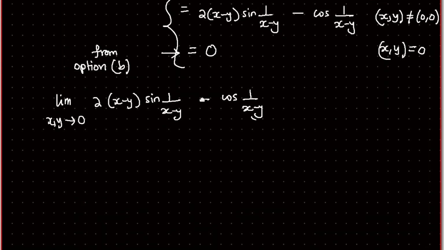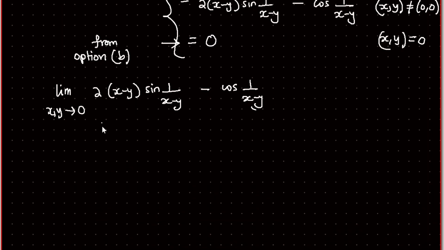Observe that the first term is equal to 0, so its limit will be 0. So this is equal to 0 minus the limit as (x, y) goes to 0 of cos of 1 by (x minus y). Now we'll show that this limit does not exist.